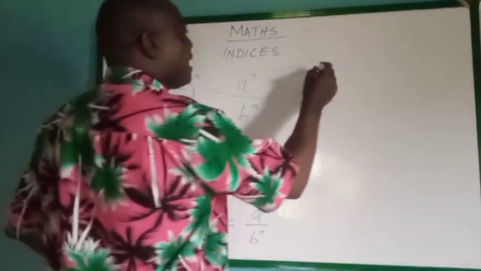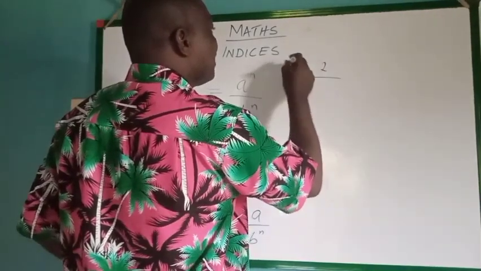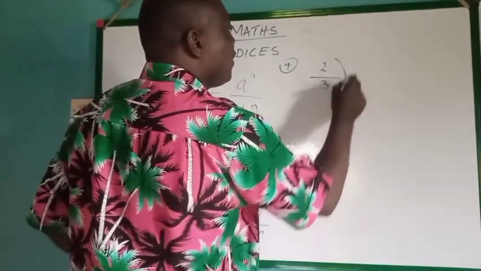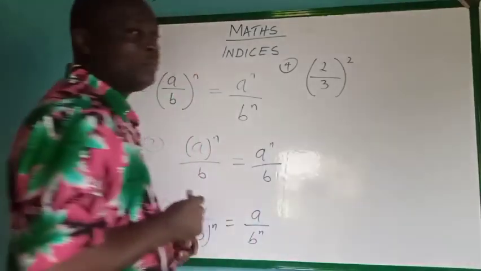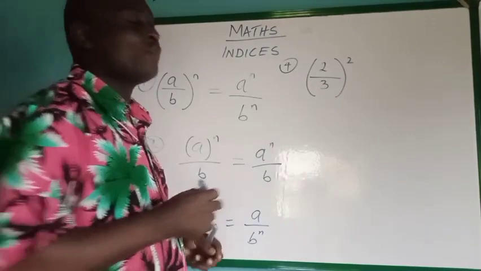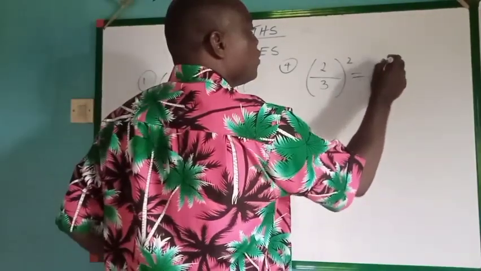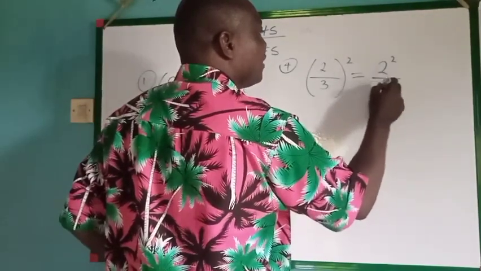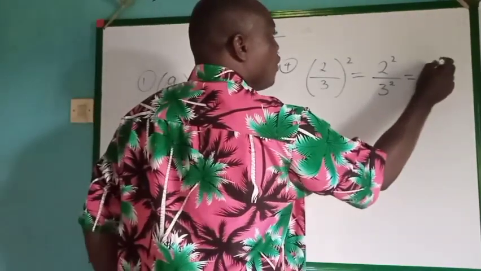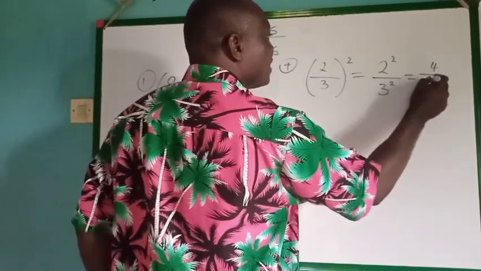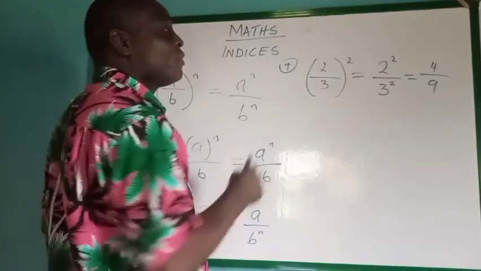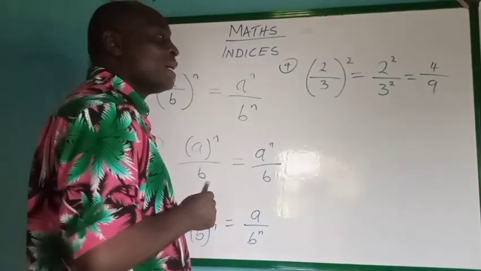Take for instance, let's call this our example 4, (2 over 3) all raised to power 2. So what is the equivalent of this fraction? The equivalent will be 2 raised to power 2 all over 3 raised to power 2. That will give us 2 squared is 4 and 3 squared is 9. So (2 over 3) raised to power 2 is equivalent to 4 over 9.